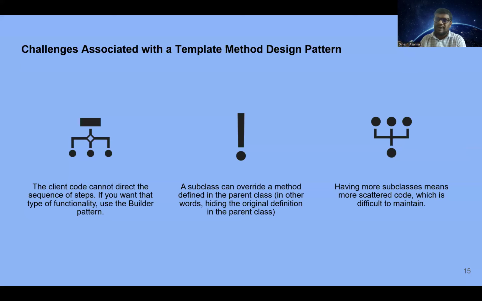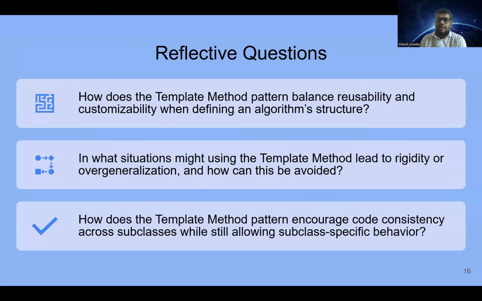If you have a large number of subclasses, it can become an issue. More subclasses mean more scattered code, which is difficult to maintain. They are not major challenges, but these are some challenges that you will come across when you are using the template design pattern. So I will have some reflective questions here.